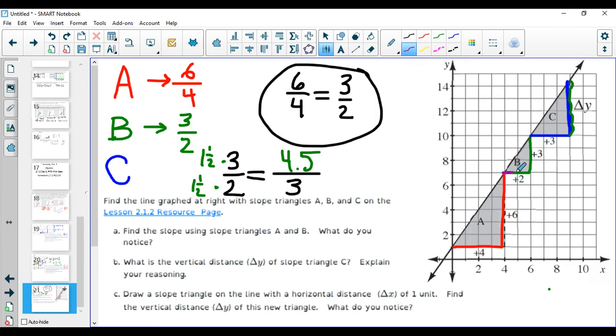So if I go over 1, I go up 1.5. 3/2 is equal to 1 1/2. Your slope on a single line is always going to be equal, regardless of the points you choose.